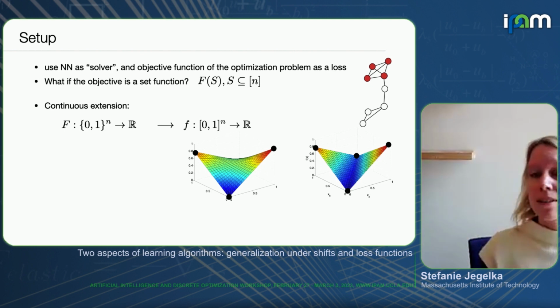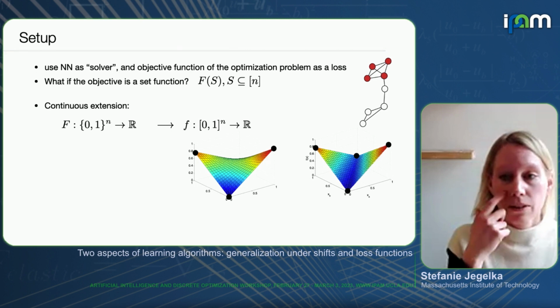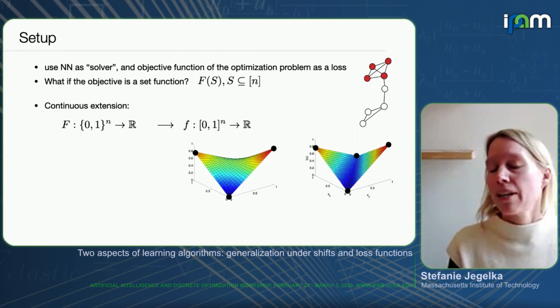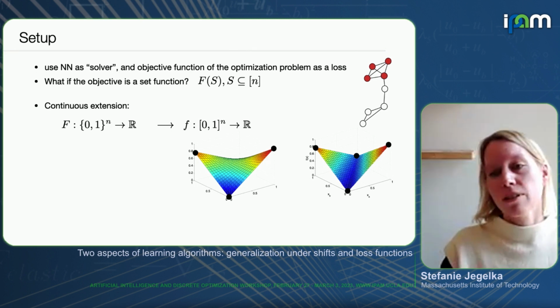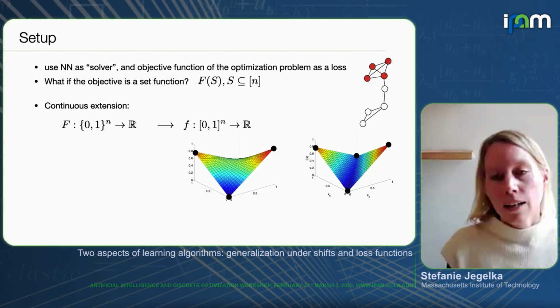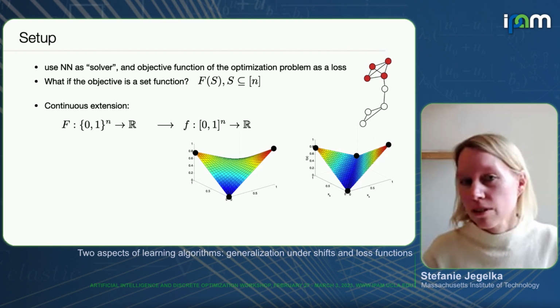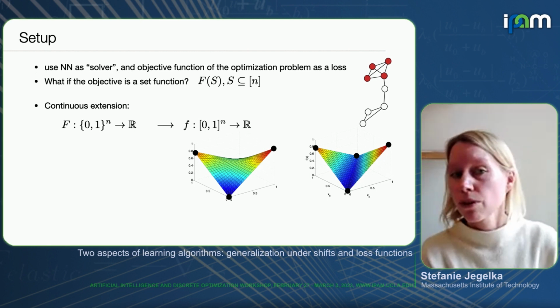There are actually different ways to do it. Here's another one that's convex, but not smooth. Both of these are valid extensions, so there's a range of extensions you could come up with. This is for nonlinear set functions, like the cut function as a function of the nodes.